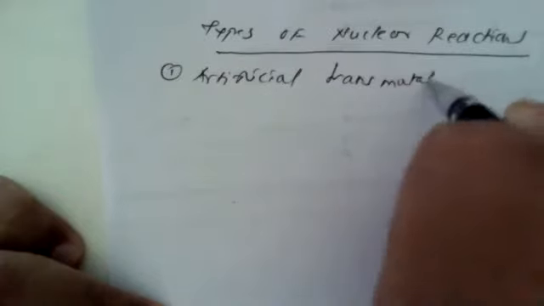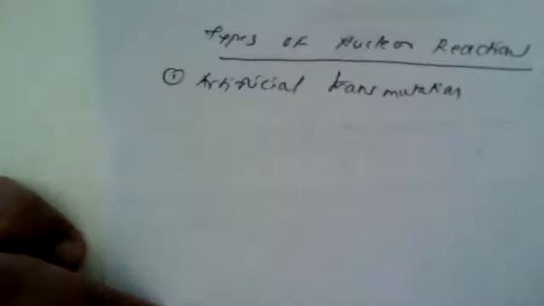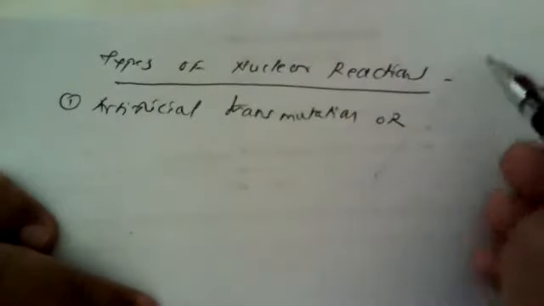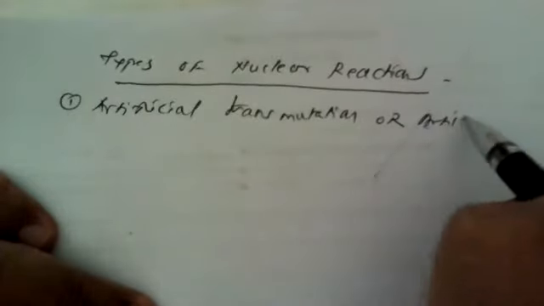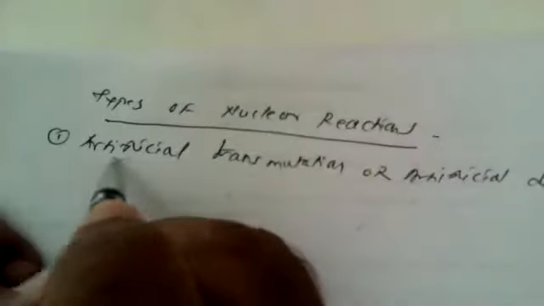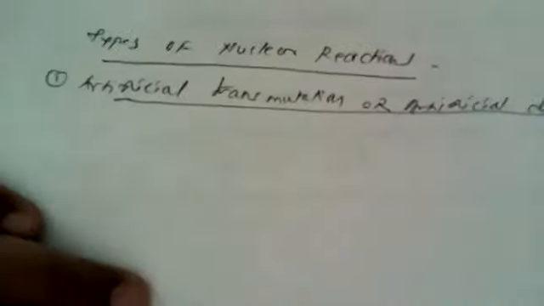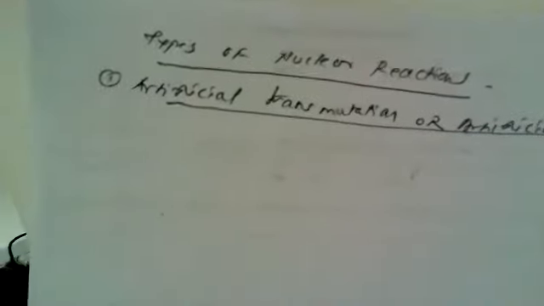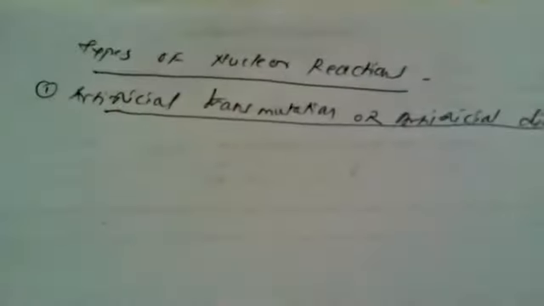Artificial transmutation means the nuclear composition has changed when we carry out such transmutation, or this is also known as artificial disintegration. You have to remember these 2 words, because during exam time the examiners may twist the question that discusses artificial transmutation or artificial disintegration.